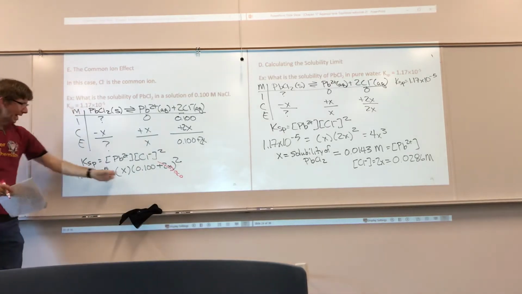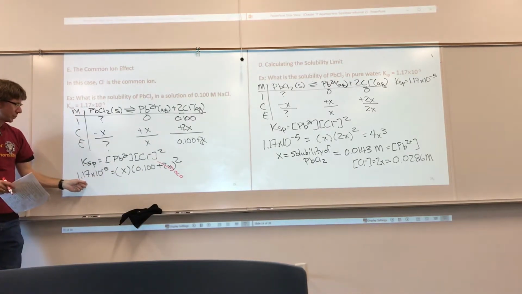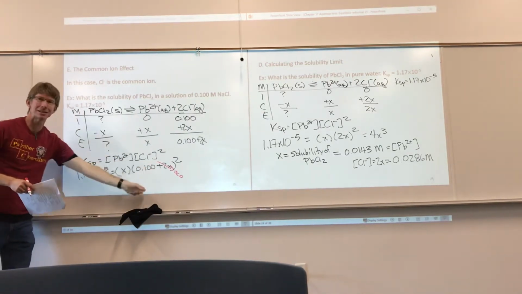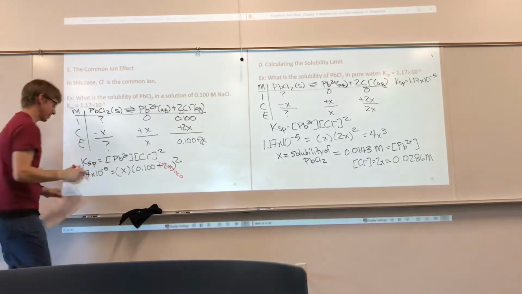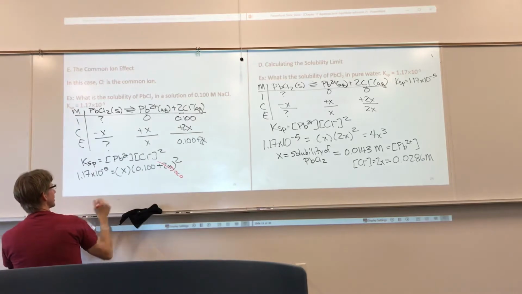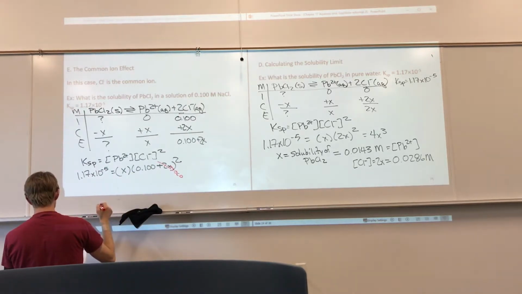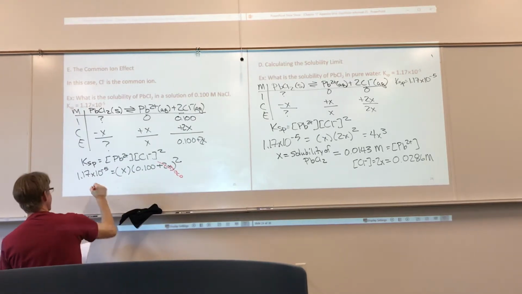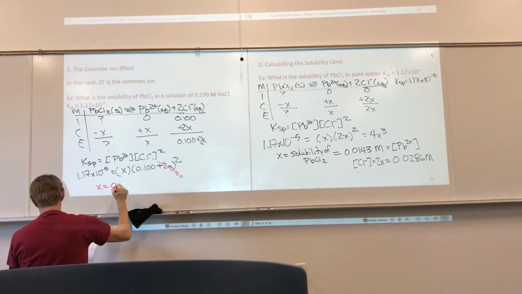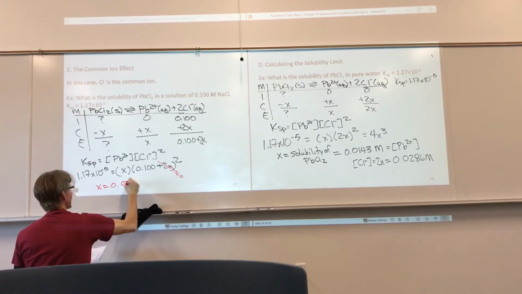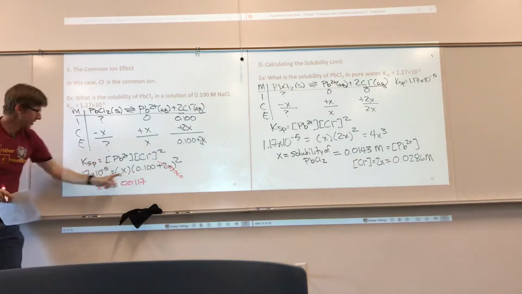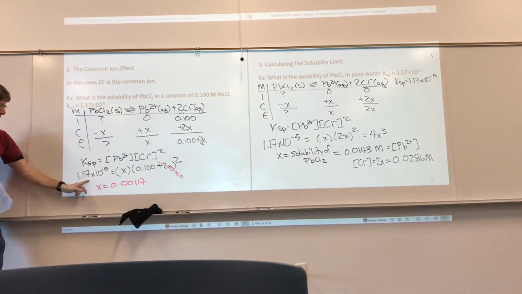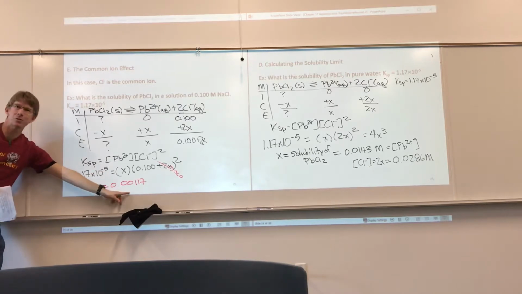Then x equals 1.17 times 10 to the minus third, divided by... right, so we're going to have 0.1 in the denominator, so it's going to make it 1.17 times 10 to the minus third, which is what you get right there.